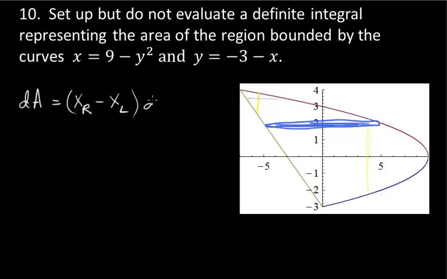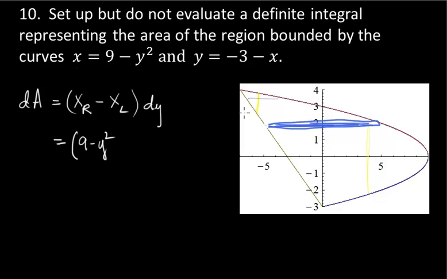It's dy. So what is x on the right? Well, x on the right is x equals 9 minus y squared. And x on the left here is x on the line.